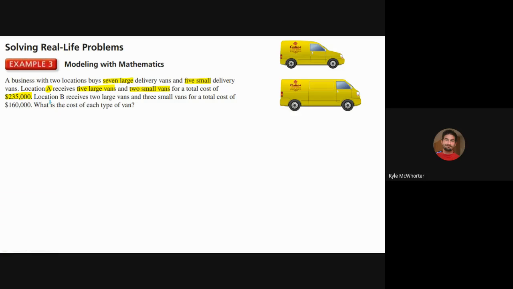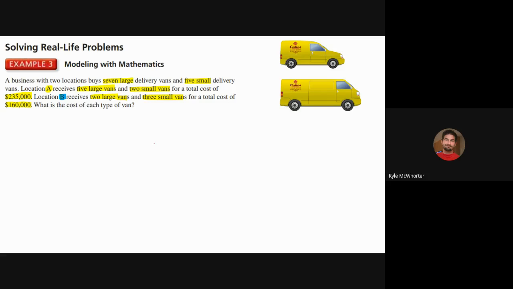That's a lot of vans. Location B receives 2 large vans and 3 small vans for a total cost of $160,000. What's the cost of each type of van?